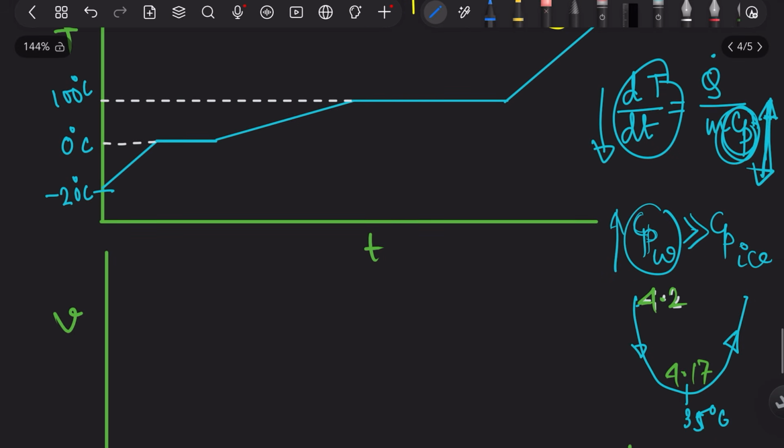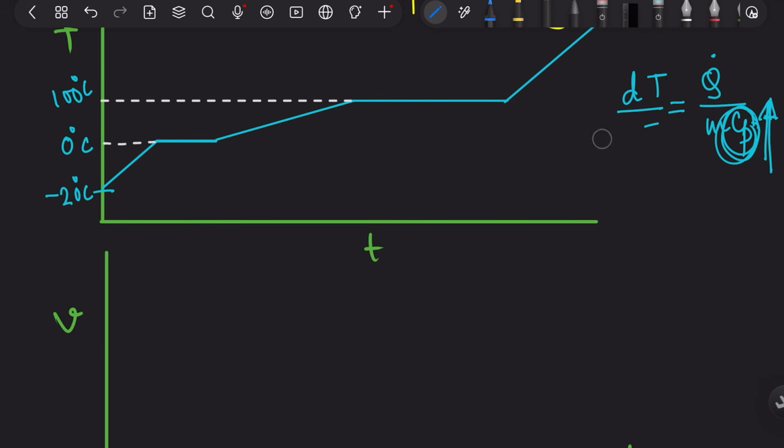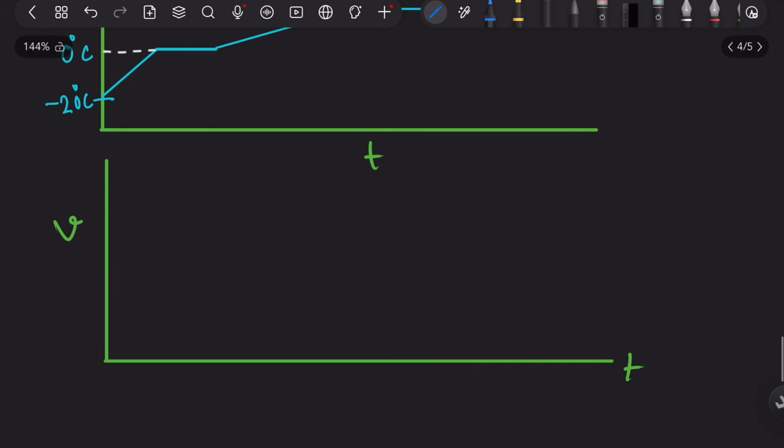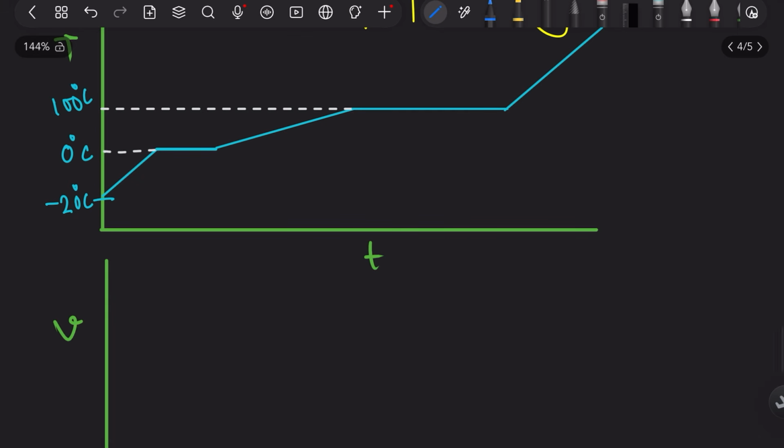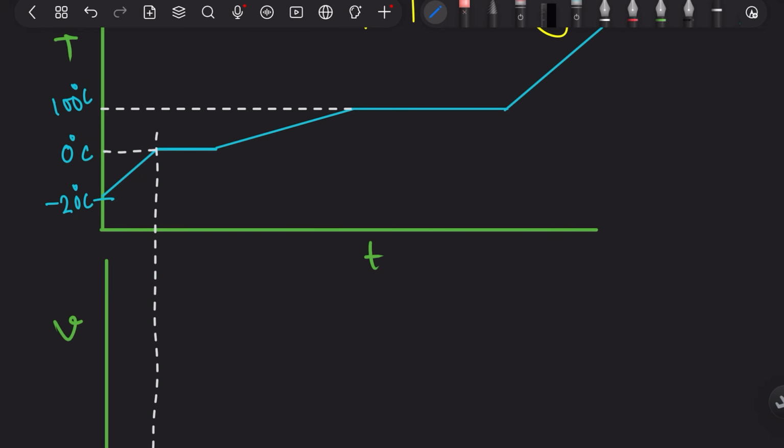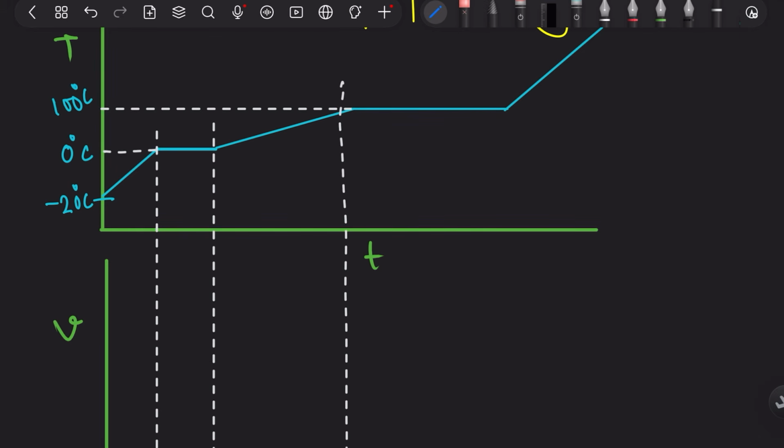Now let me remove all these things, and let me draw the variation for specific volume. So for specific volume, what will happen? First, let me draw these kinds of lines. These are important, because you have to show the things clearly.